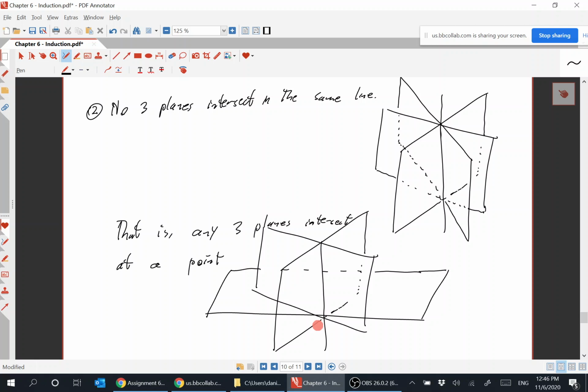So they intersect like here, though this is not the best possible picture.